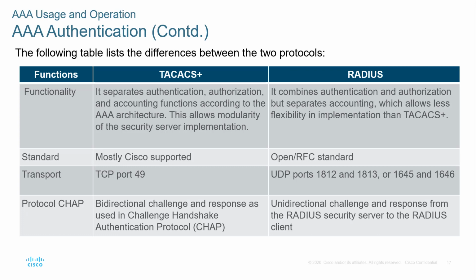So there is a protocol for verification. TACACS uses a bidirectional challenge and response with CHAP, whereas RADIUS uses a unidirectional challenge and the response from the RADIUS security server to the RADIUS client, not using CHAP, but using a RADIUS response.